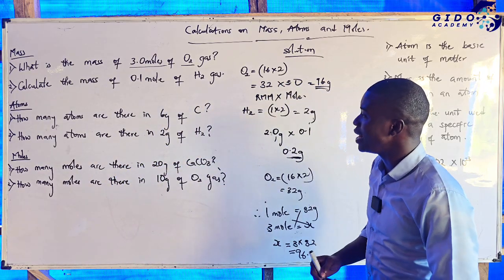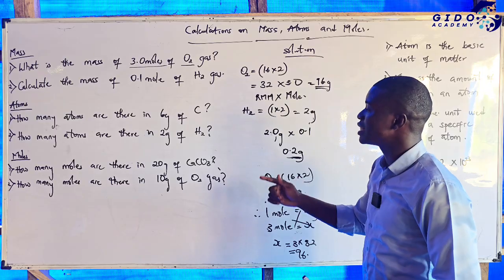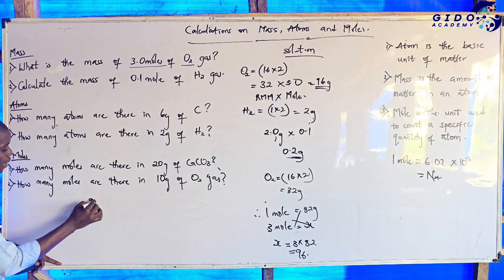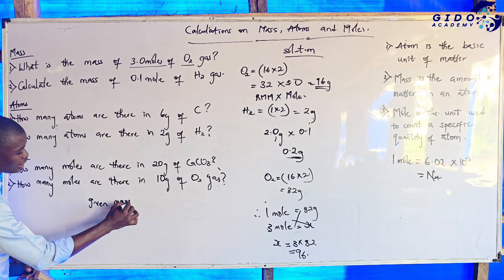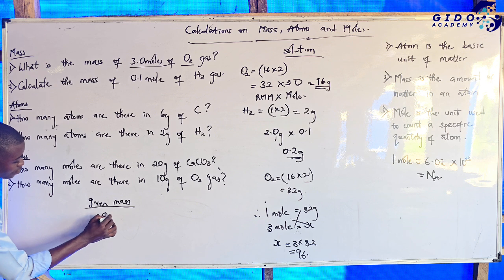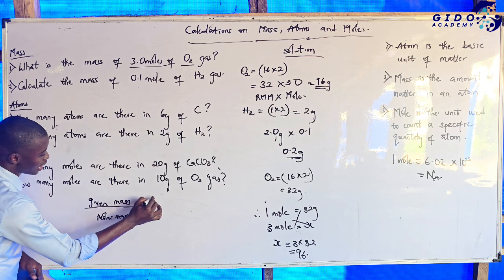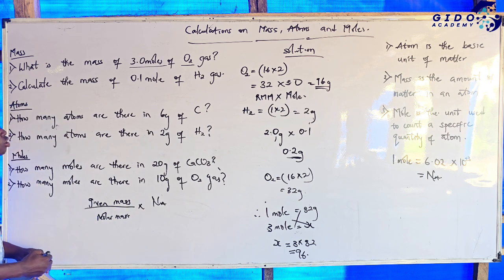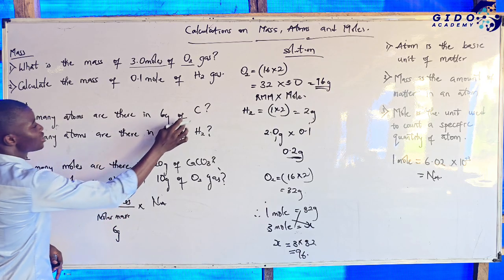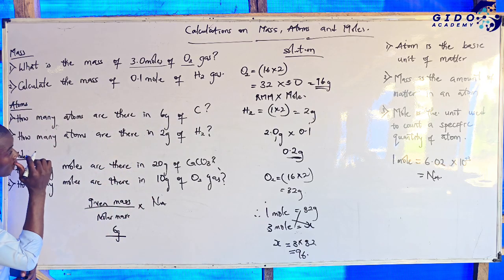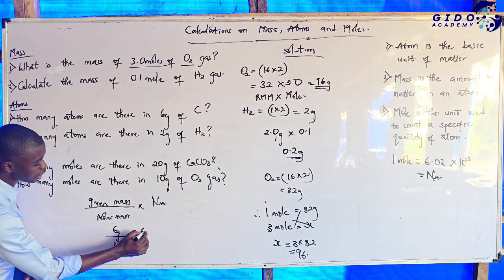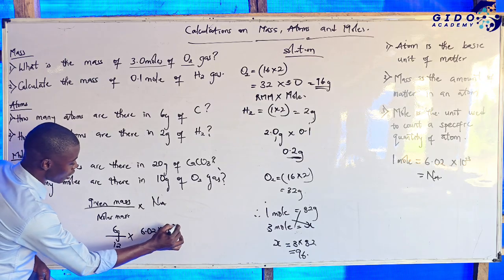Calculation on atoms. How many atoms are there in 6 grams of carbon? What you always do is, given mass, that's the formula, all over the molar mass times Avogadro constant. So what is the given mass here? 6 grams. What is the molar mass of carbon? Carbon is 12, times 6.02 times 10 raised to the power 23.